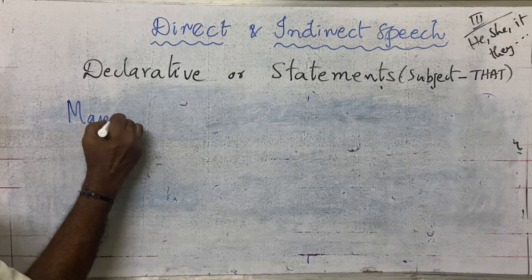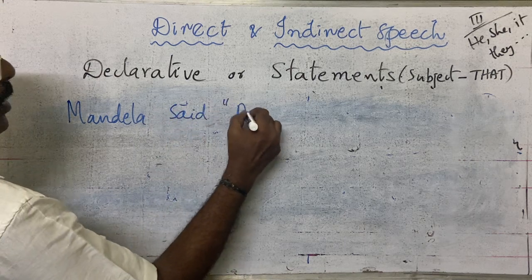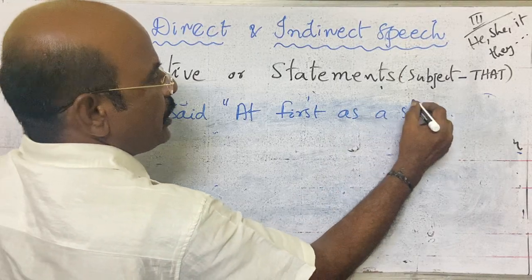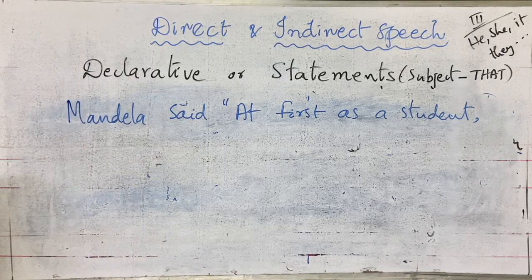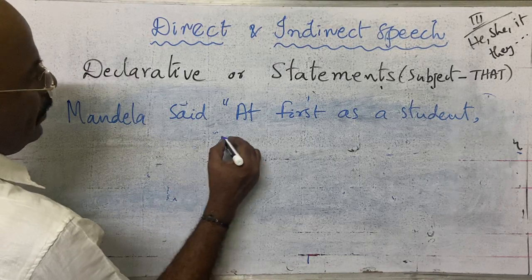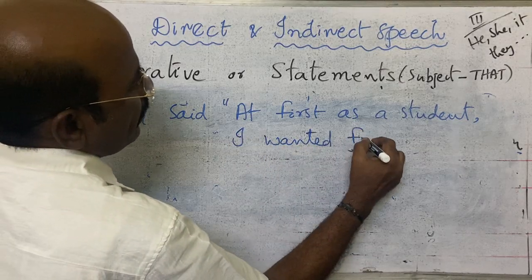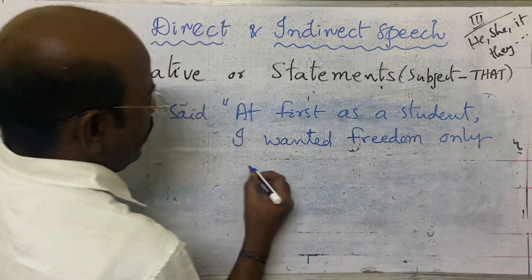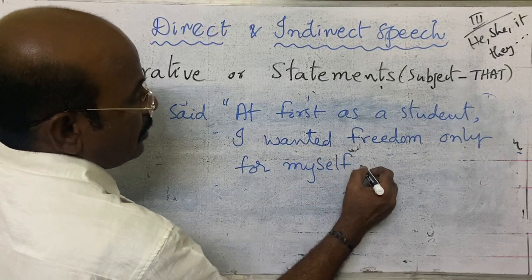Listen carefully. Mandela said, at first as a student, I wanted freedom only for myself.